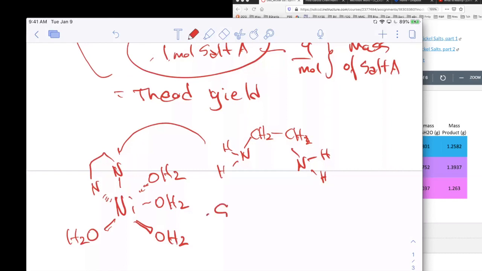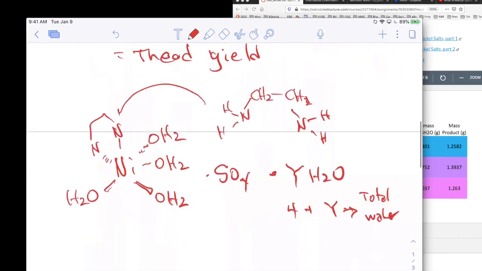There's going to be a counter ion, SO4. So the structure will be 4 waters, 1 ethylene diamine, and 1 sulfate. But you got to remember that this chemical might also have hydrated water. So the total water would be 4 plus Y. That'll be the total waters in your structure. And until you do the analysis, you don't know what Y is. Okay, that's why we do the analysis.